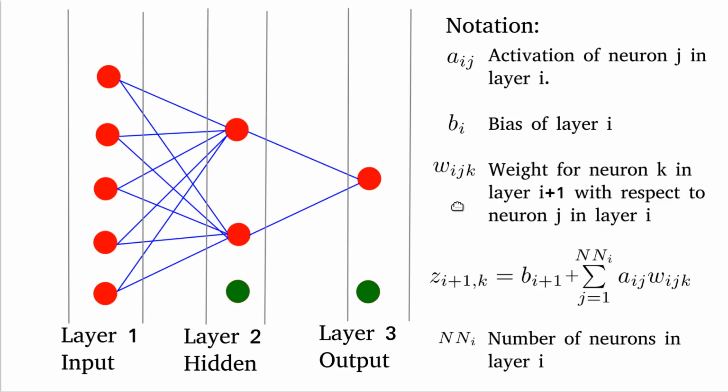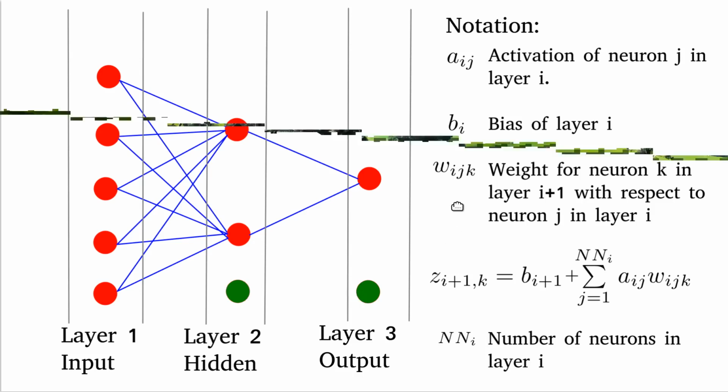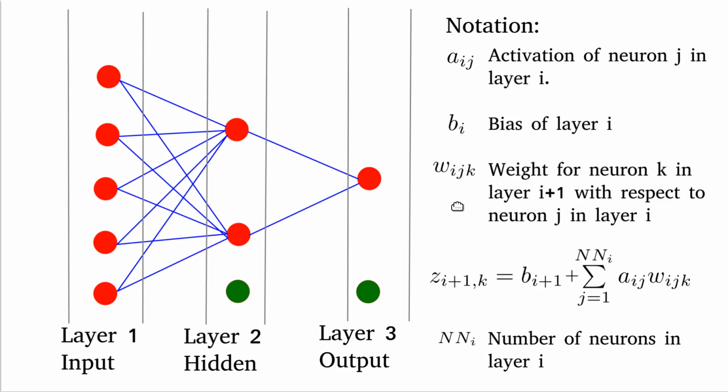And then the weights, I use 3 subscripts. I'm not sure how common this is, but it makes it easier for me to take note of things. So Wijk is the weight for neuron k in layer i plus 1 with respect to neuron j in layer i. For example, this is the first neuron in the second layer, and this is the first neuron in the first layer.